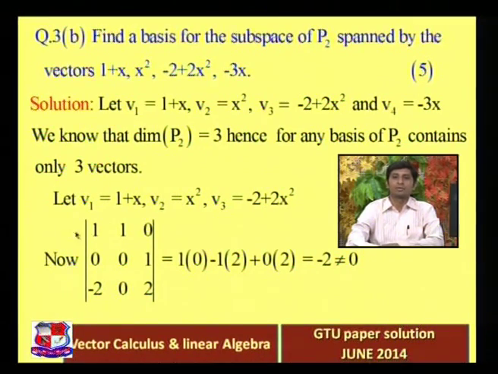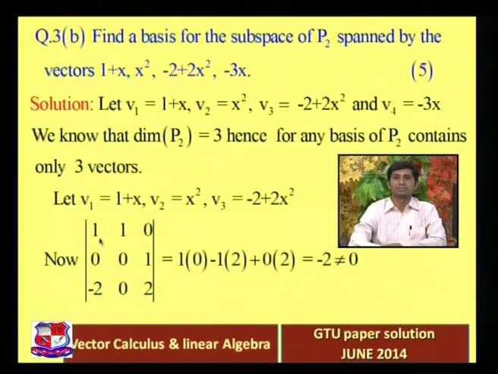The first row of this determinant is coming from the first vector: 1 1 0. The second row is coming from the second polynomial. The coefficient of the constant term is 0, the coefficient of x is also 0, and the coefficient of x square is 1. So that's why the second row is 0 0 1.